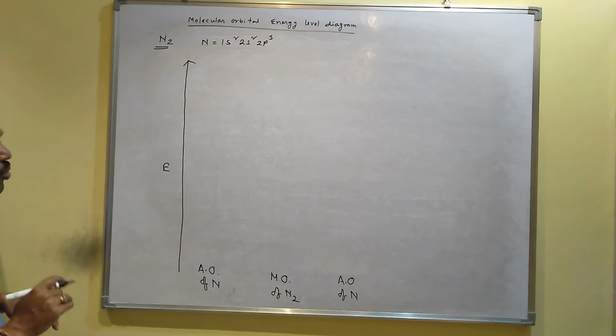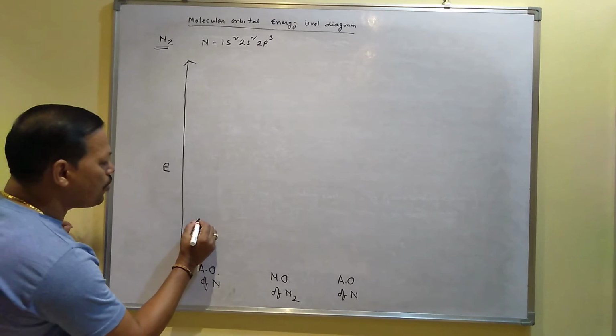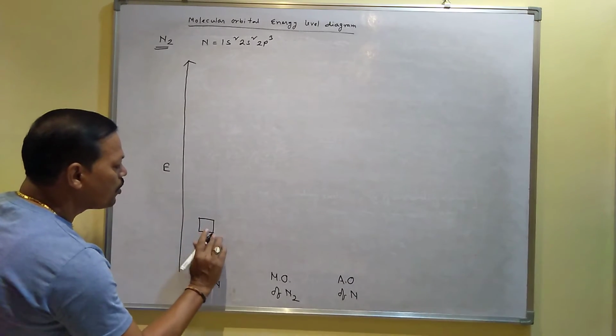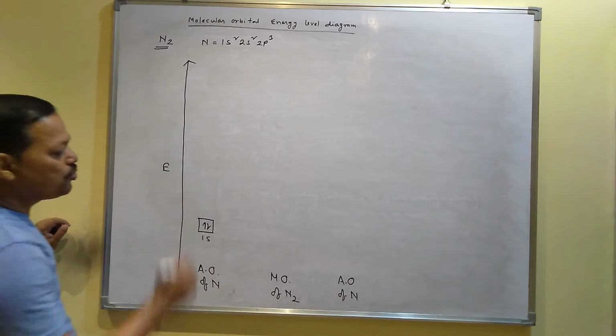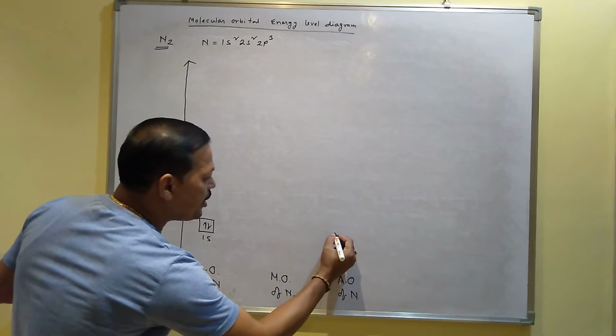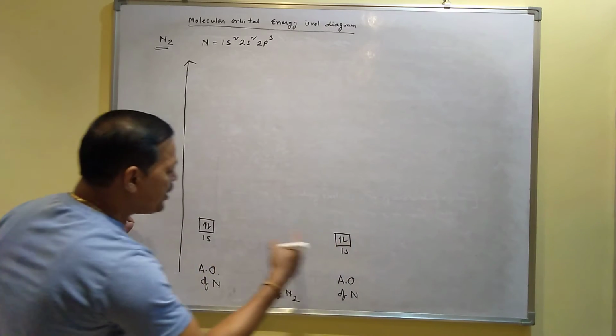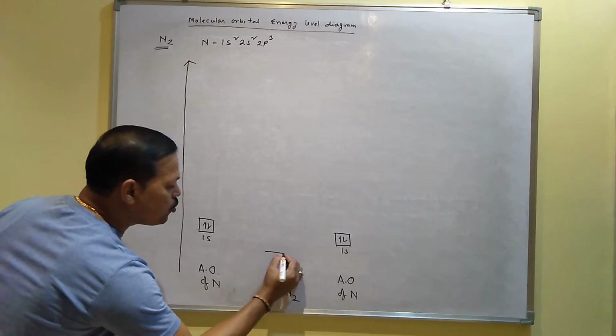Since 1s has lower energy, that's why first you have to draw 1s. So this is the 1s orbital for this nitrogen atom which contains 2 electrons, 1s2. Similarly this nitrogen also contains 1s2. When this 1s combines with this 1s, they will form 2 molecular orbitals.